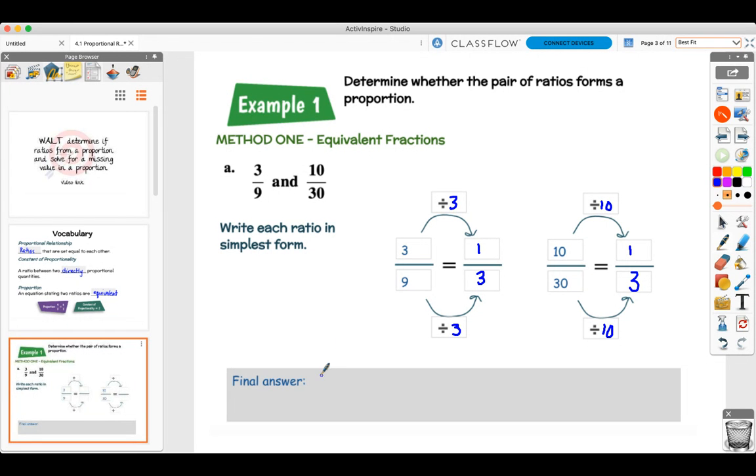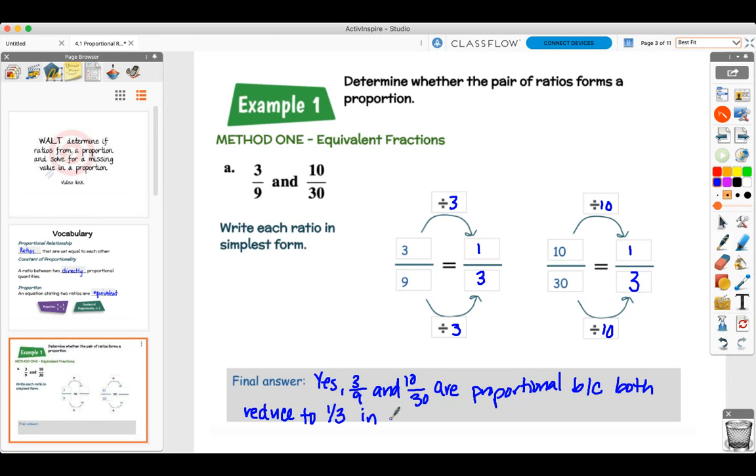So 3/9 and 10/30 do form a proportion, or are proportional, because both fractions reduce to 1/3 in simplest form.